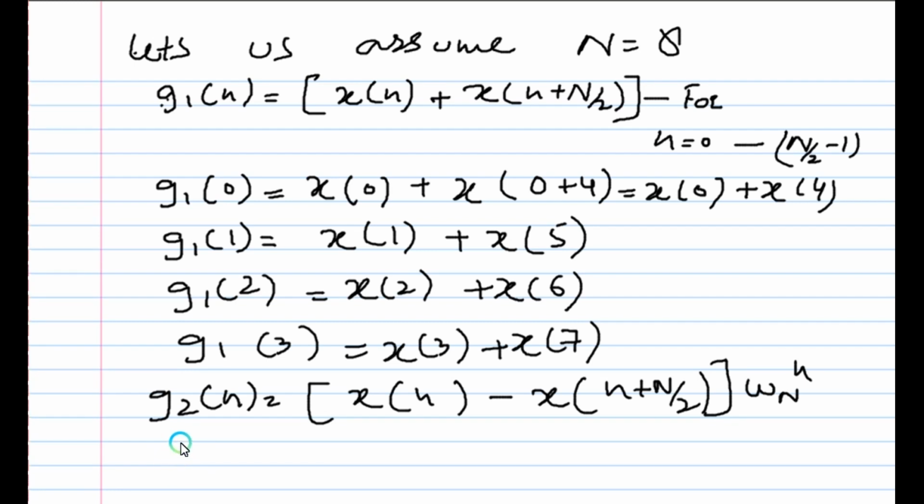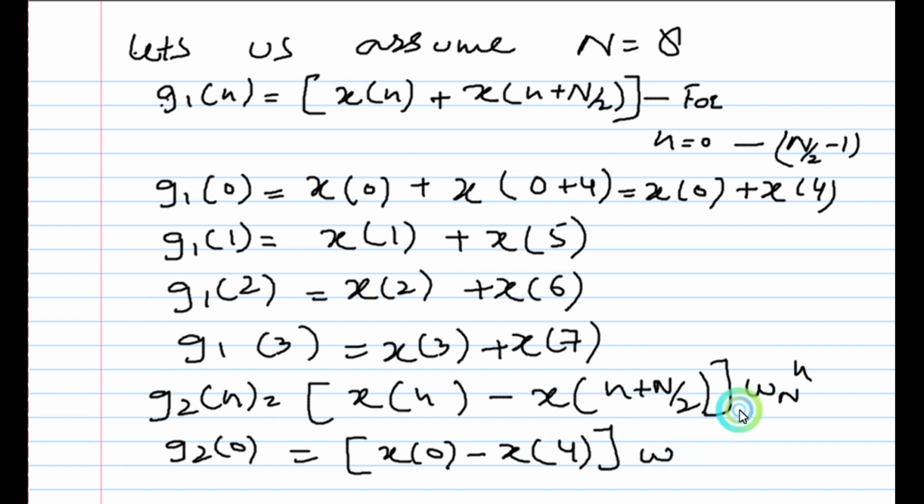So we have g2 of 0 equivalent to x of 0 minus x of 4, whole multiplied by W_8 to the power 0, where capital N is 8 and small n is 0.